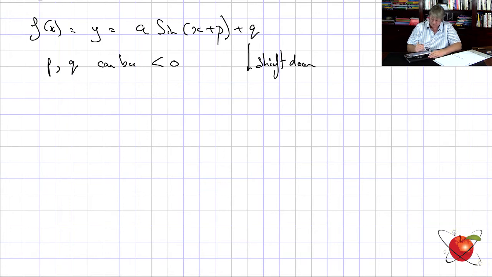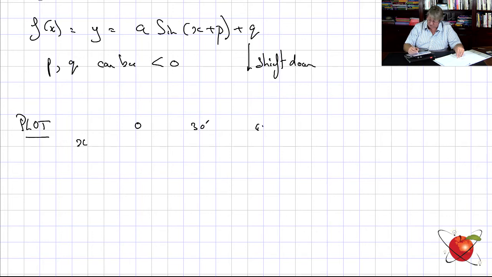Let's take a straightforward plot. Let us plot y equals, first of all, our input values of x: 0, 30 degrees, 45 degrees, 60 degrees, and 90 degrees.